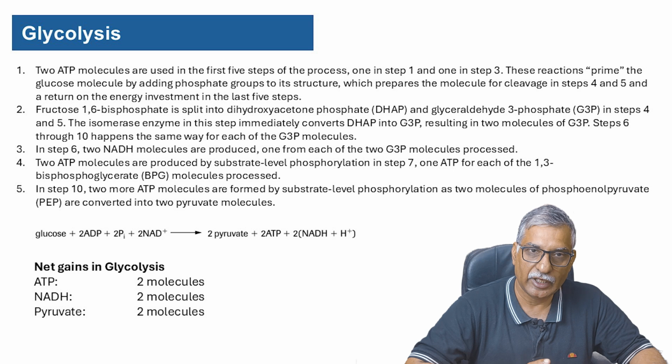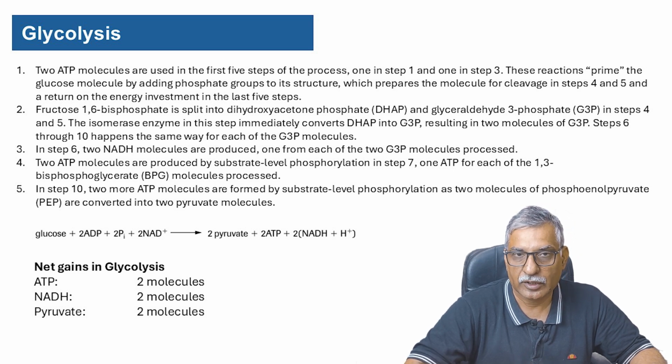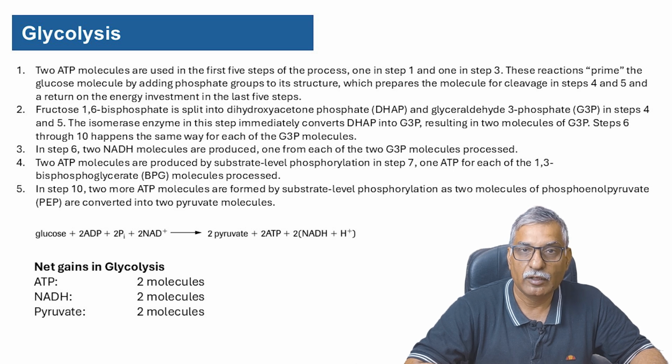So the total net energy gained by 2 ATP molecules is around 62 kilojoules. But the 2 reduced NAD molecules produced during the oxidation of glyceraldehyde 3-phosphate will be oxidized at the electron transport chain on the cristae of mitochondria during oxidative phosphorylation, yielding a maximum of energy in the form of ATP and also in the form of heat.